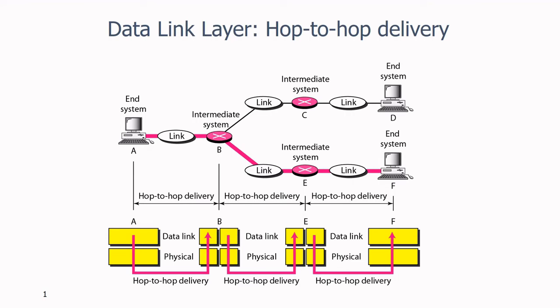One other little concept that we need to keep in mind is hop-to-hop delivery. Now hop-to-hop delivery is carried out by the data link layer. Okay, so how this hop-to-hop delivery exactly happens is, hang on, let me get the laser pointer. Okay, so suppose device A over here is trying to send some data to device F. Okay, so device A and F are connected by some intermediary device.